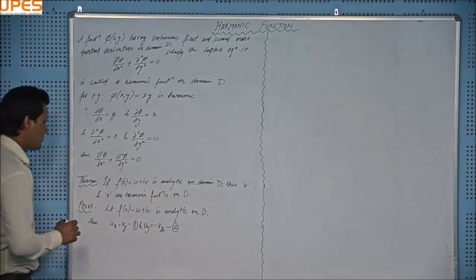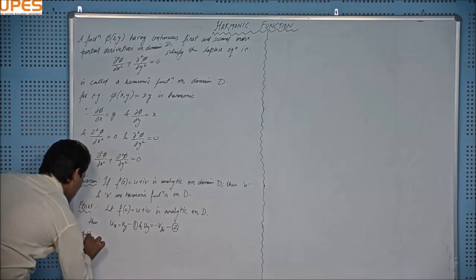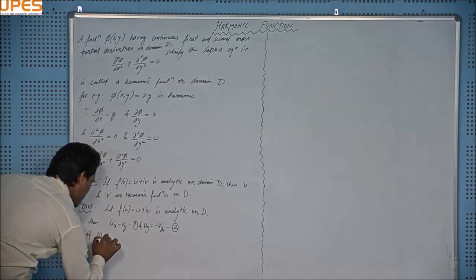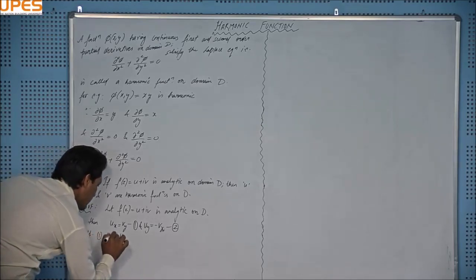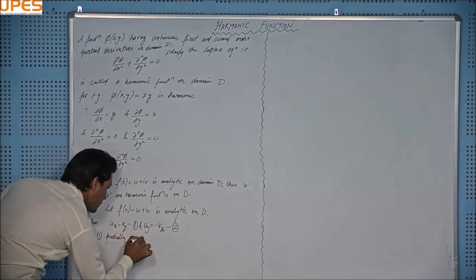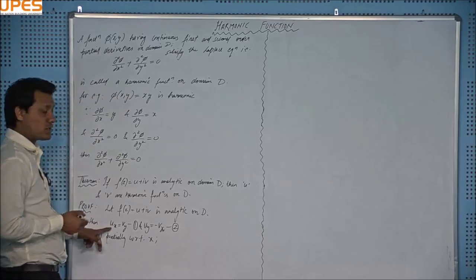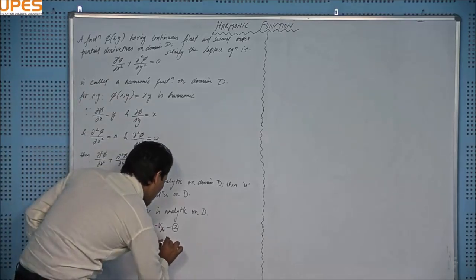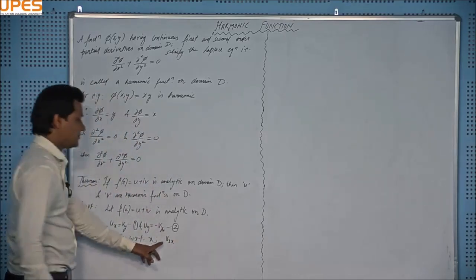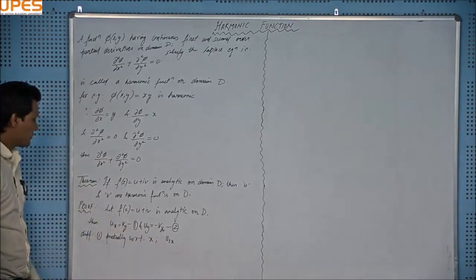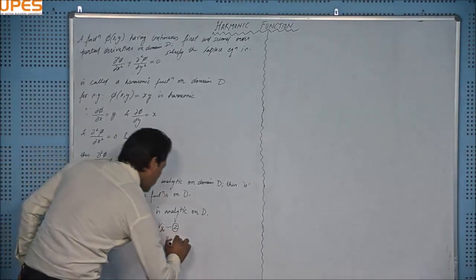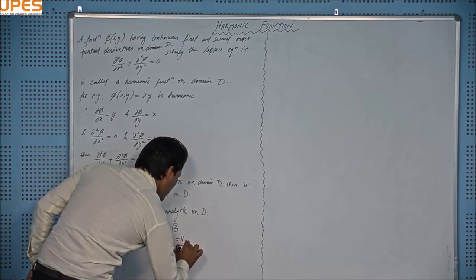So differentiating the first partially with respect to x, you will get del square u over del x square, which we can write as uxx, the double derivative, equal to vxy.